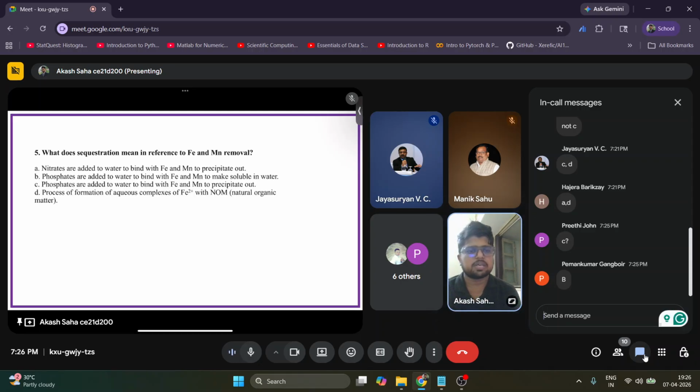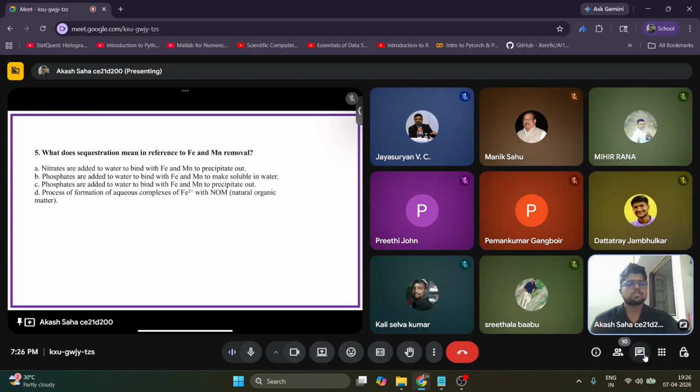Yeah, someone has already answered it correctly. It is the use of phosphates, which are added to water, and they bind the iron or manganese in the soluble form itself. It will be there in water soluble form, not in a precipitate form.